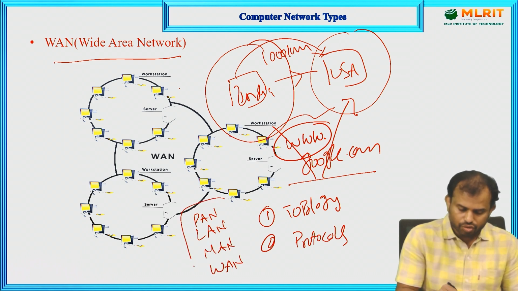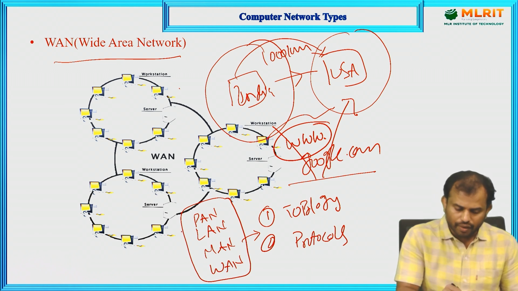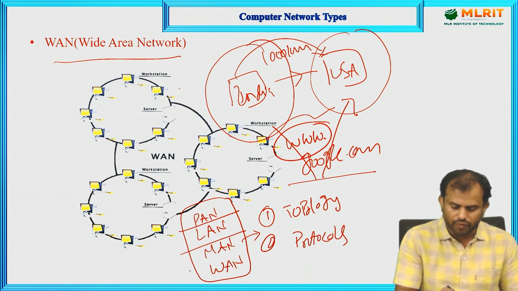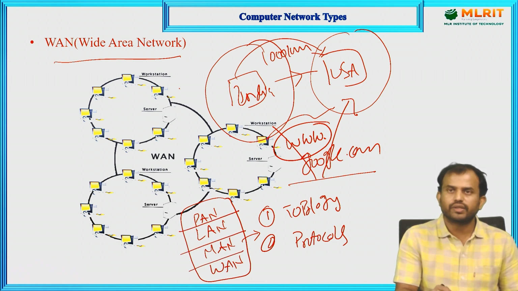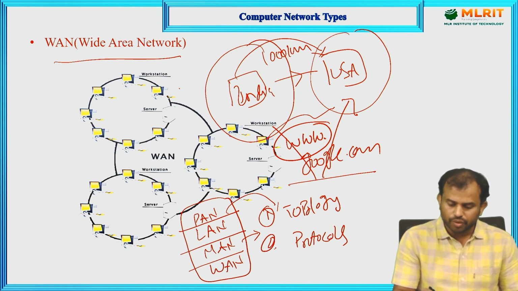While establishing these connections, we need to decide which topology and which protocols to use, because every communication and network path has particular applications and limitations. Based on that, we use the respective topology and protocols.